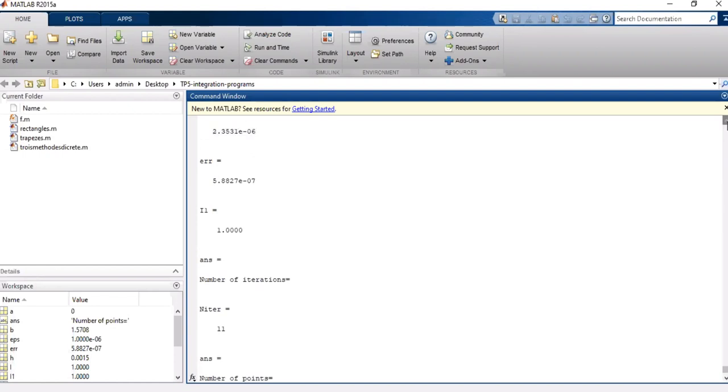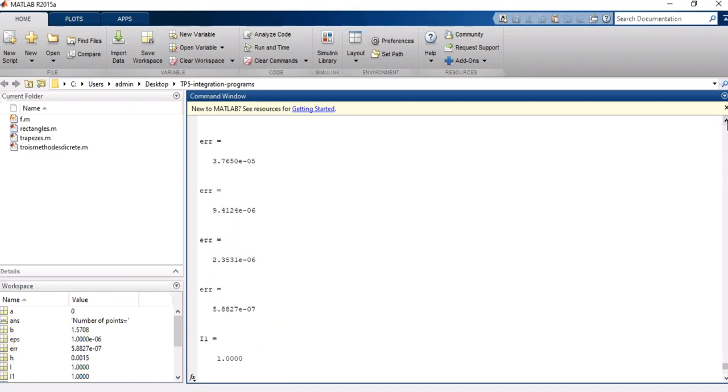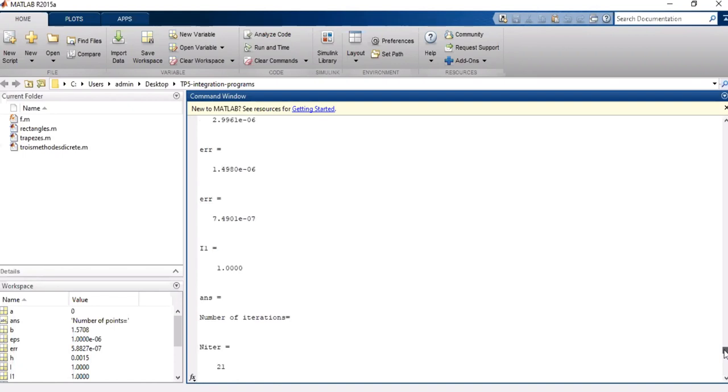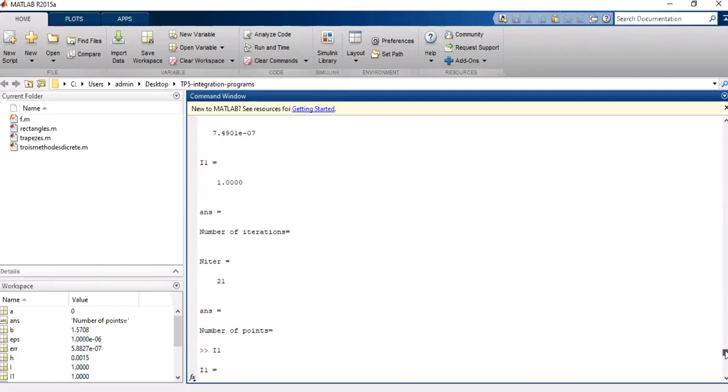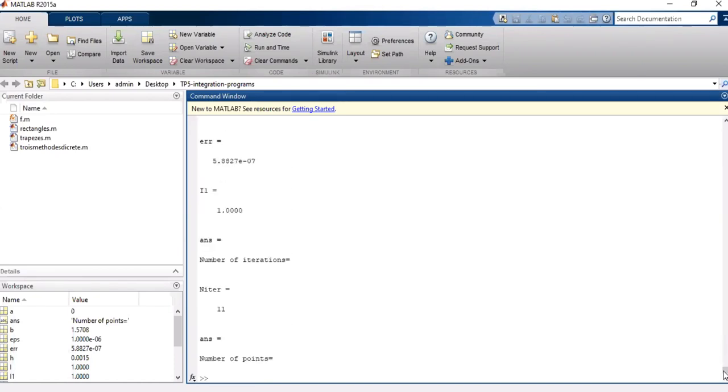So now I have 11 iterations, while before, for the rectangle, how many iterations did I have? 21. Right, so I almost divided the number of iterations by 2. So I had 21 iterations for the rectangle, and 11 for the trapezoid.